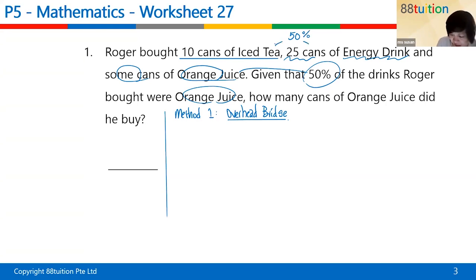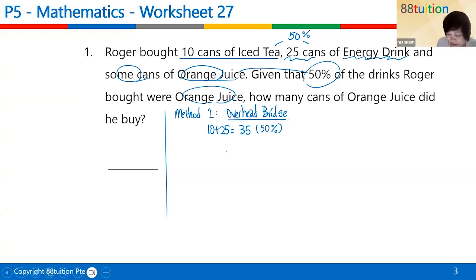And the total is 10 plus 25, then this will give you 35. Yes, just now someone typed the first step for me. Thank you, the response is good today. I'm glad. Gerald, thank you for the first step. Gerald says 10 plus 25 equals 35, which is also 50%.